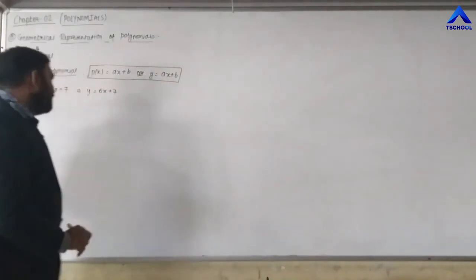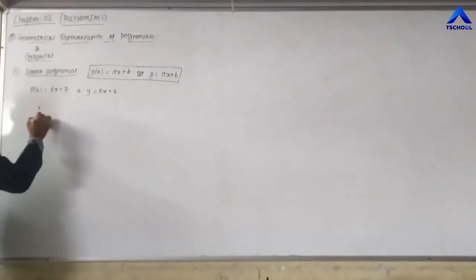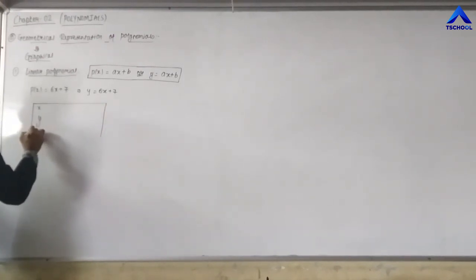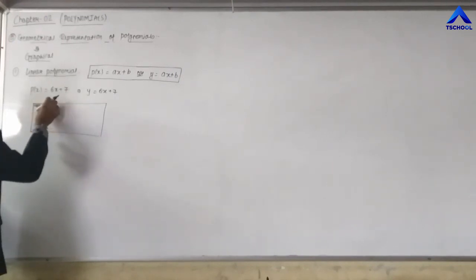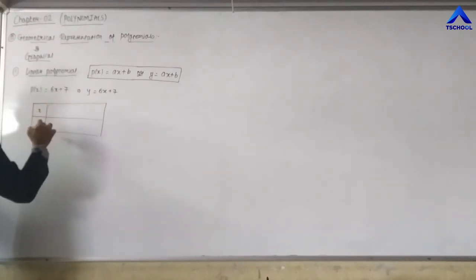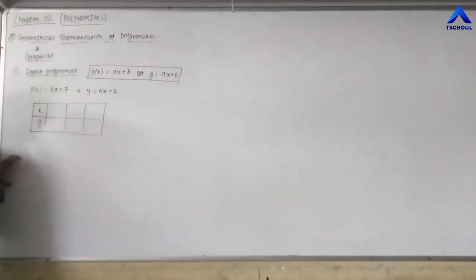So how to find the solutions? First of all, let me make a table like this, x and y. We shall assume different values of x for which we get different values of y.